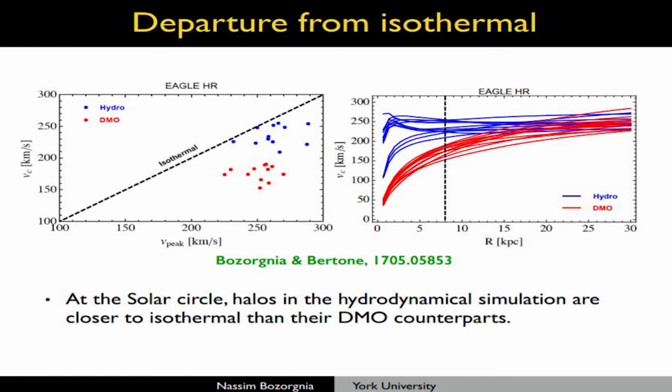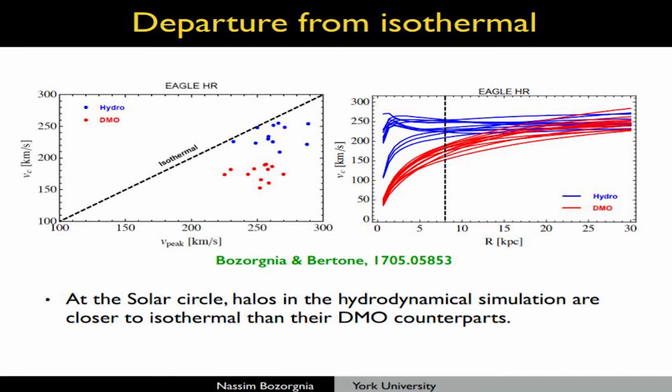Whereas the hydro halos are already close to isothermal at 8 kiloparsec. Because you have reached this plateau in the rotation curves, you can also compare the local circular speed to the peak speed of the isotropic velocity distribution. Isothermal is when these are equal. And so you see that the hydro halos are closer to isothermal.